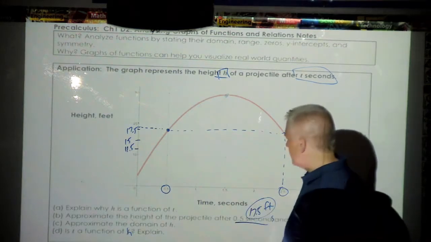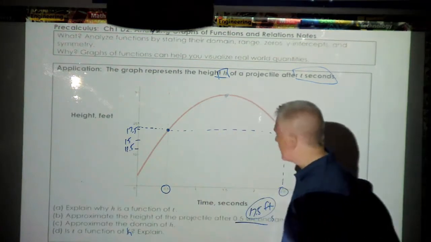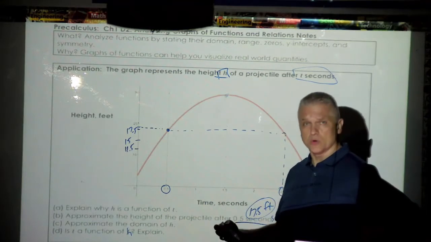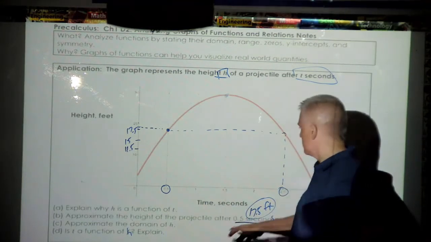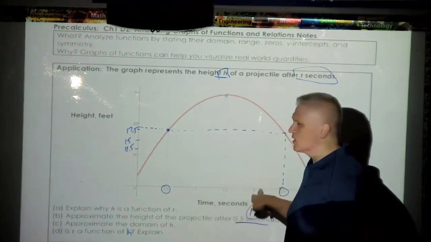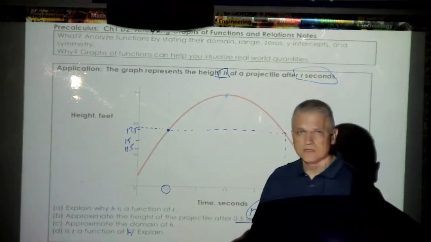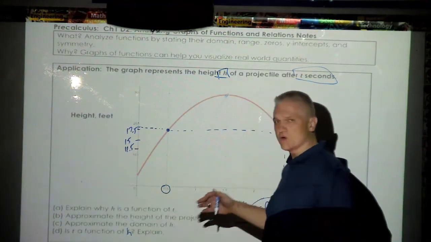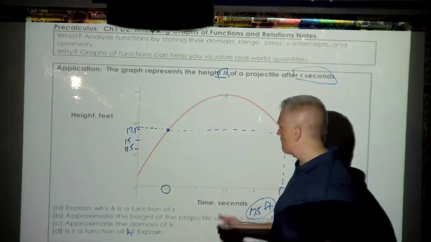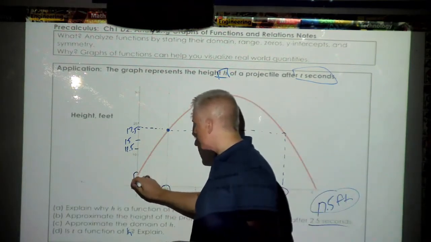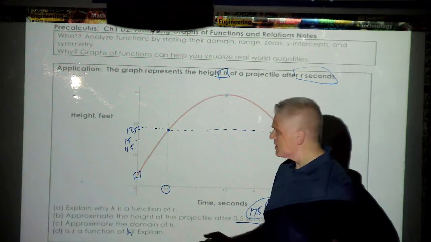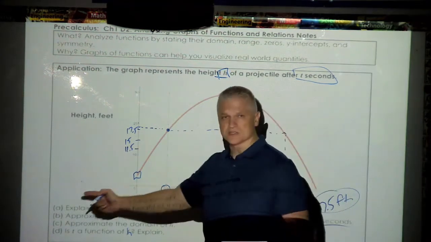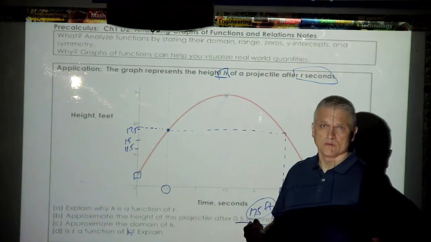Okay? All right, so it says approximate the domain of h. Remember, domain means all of the x coordinates, all of the input values. So since time is on your x-axis, it's all of the t values. How far left and how far right does this graph go? Think about it: in real life, time in seconds does not go to the left of 0.